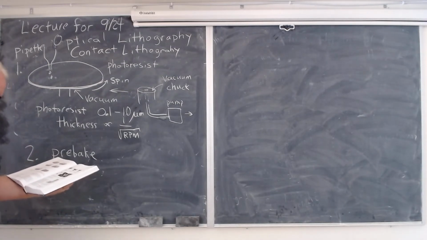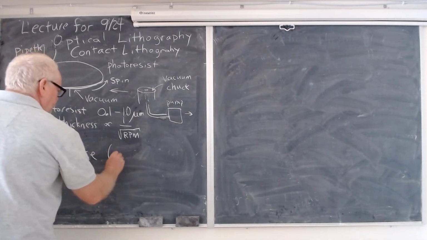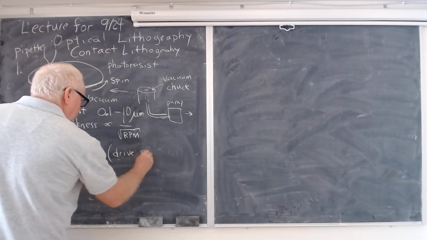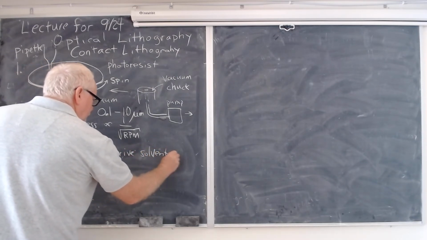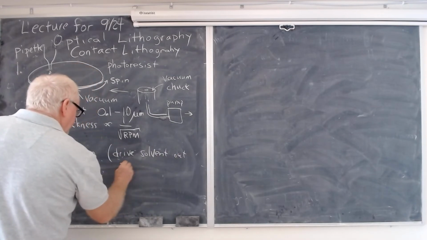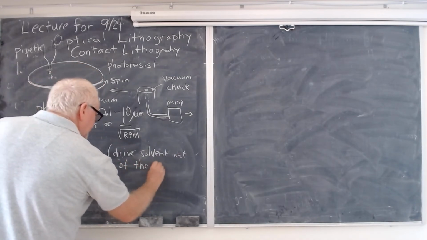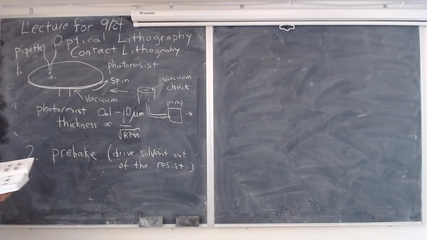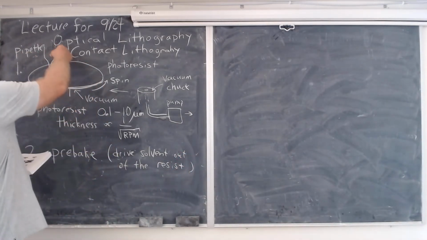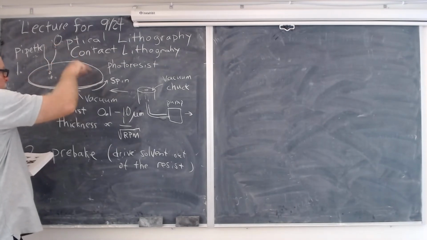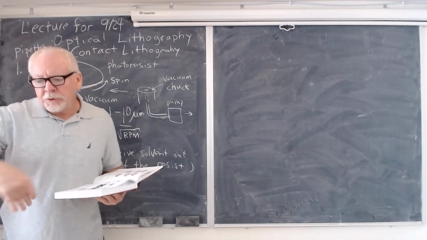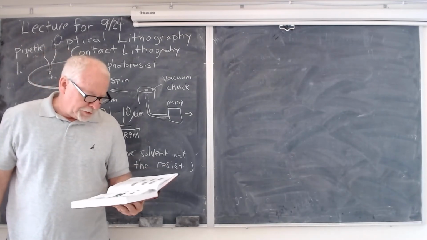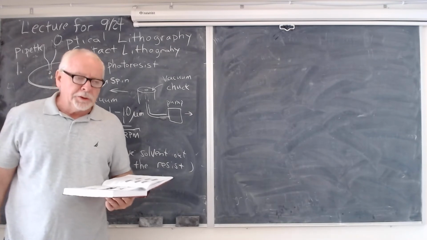What that is primarily for is to drive the solvent out of the resist. Meaning, when you take this liquid photoresist and put it down on your wafer and spin it, as spun on the wafer it contains solvent, because it had solvent in it originally.